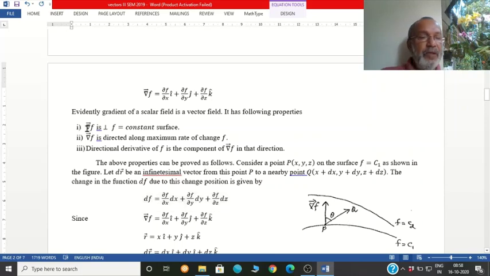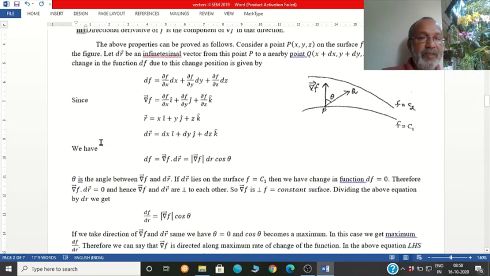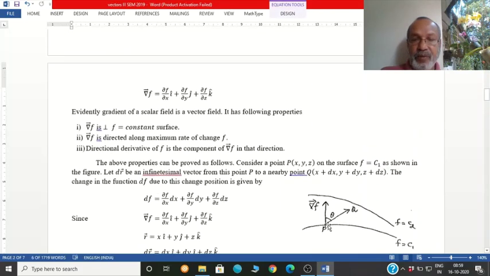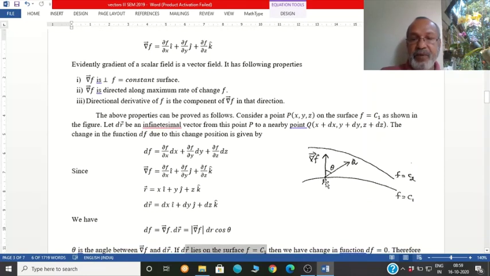Now all these three conclusions can be obtained from the equation which we have derived just now, that is df = |del f| |dr| cos theta. Now suppose that dr lies on the surface f = c1, that is, PQ is along the surface, P and Q both are on the surface.